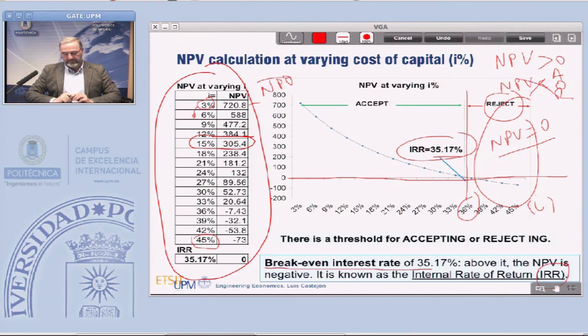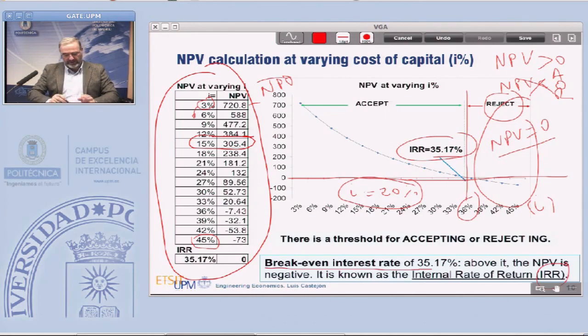And if we have alternatives to invest in other projects with, for example, an interest rate of 20%, which project will you choose? Definitely you will choose the project with the higher internal rate of return.